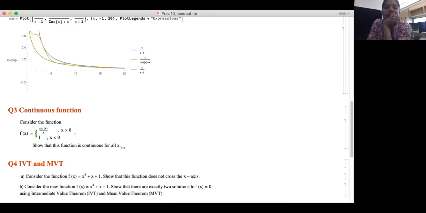How would you approach this? Using L'Hopital's rule, can you do that? What's the criteria for a function to be continuous? It has to be differentiable.